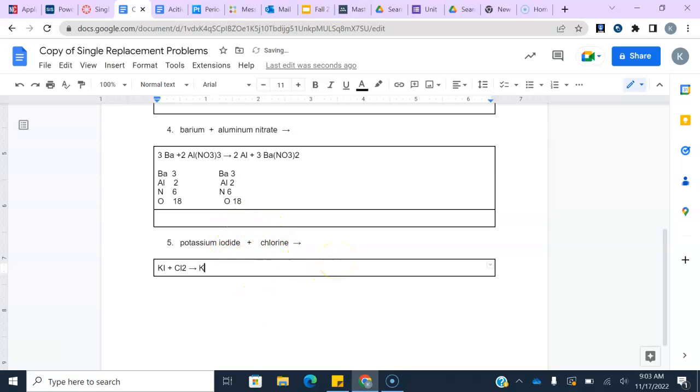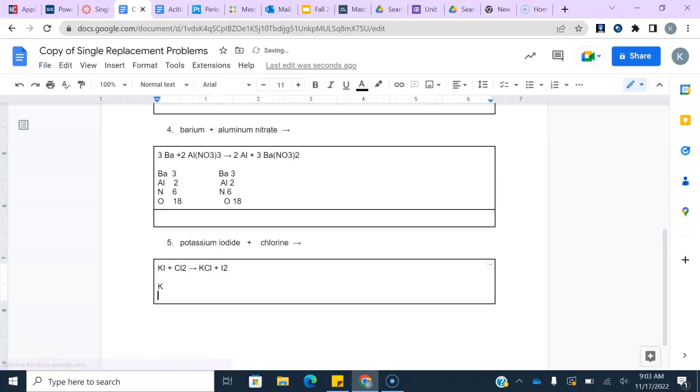So we'll have potassium chloride, which is KCl, because chlorine is also a halogen. So it's a -1. Potassium is still a +1, so it's KCl plus iodine, which is also one of those diatomic molecules. So it is also I2. So we need to make sure we do that. Now let's balance. So we have a K, an I, and a Cl.